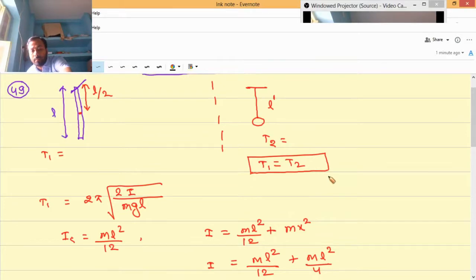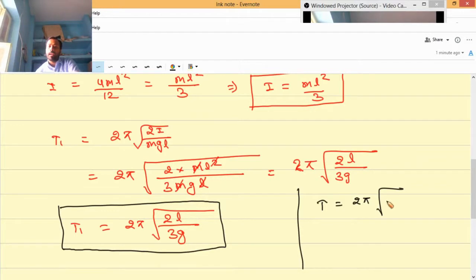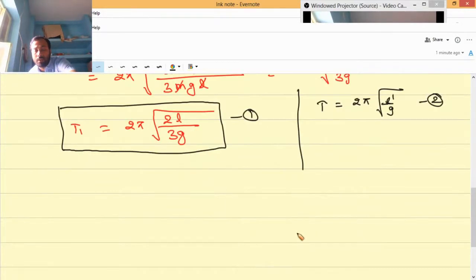So the time period for the simple pendulum is 2 pi under root L dash upon g. The first is this and the second is this. According to the given problem, T1 equals T2.